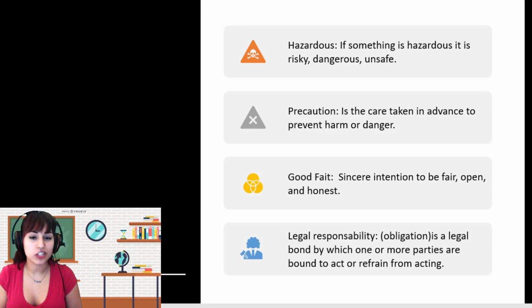En este caso estamos en strict liability, en responsabilidad estricta, y pues estamos hablando de good faith, de precaution, de hazardous, entonces estamos hablando de situaciones que pudieran ponerte a ti, ya sea como comprador o como vendedor o simplemente como una persona que anda por ahí caminando en algún lugar, que te generen un daño y entonces tú poder a partir de ahí fijarle la responsabilidad a alguien y obviamente pedirle ya sea daños, la compensación, etcétera, y todo lo que ya se ha visto durante el curso.